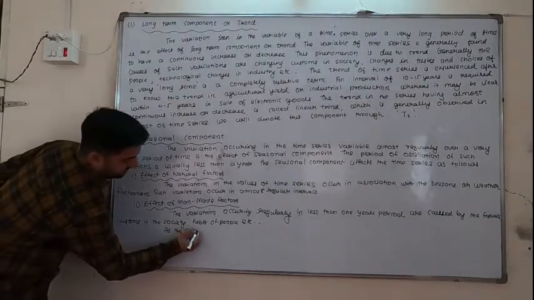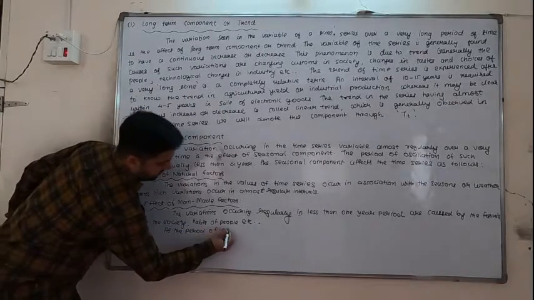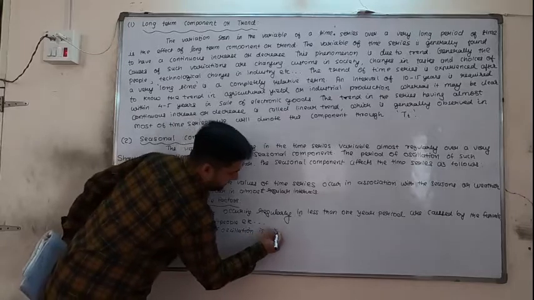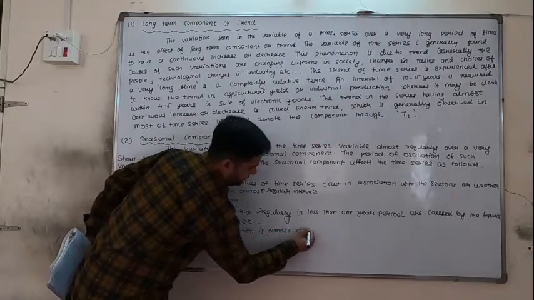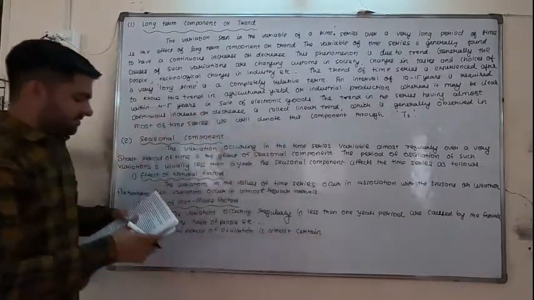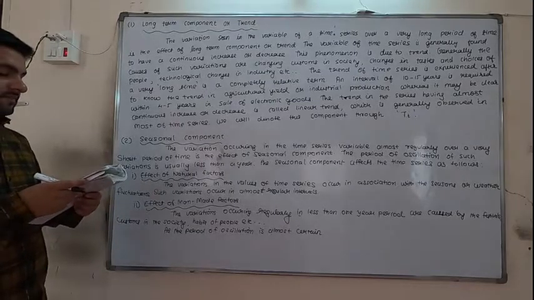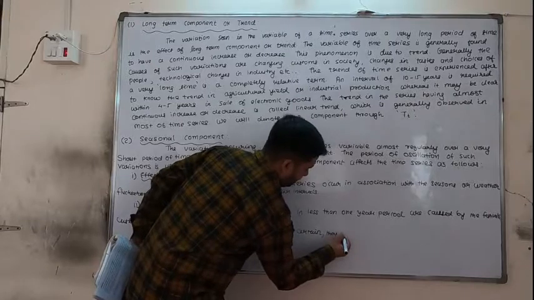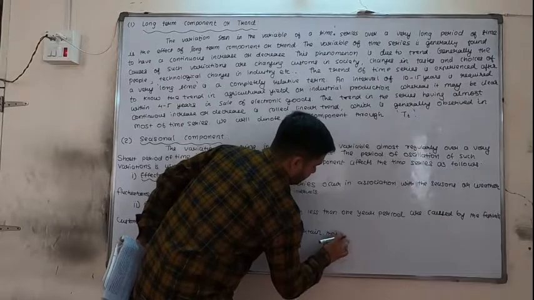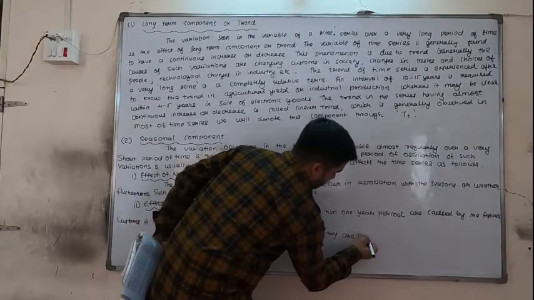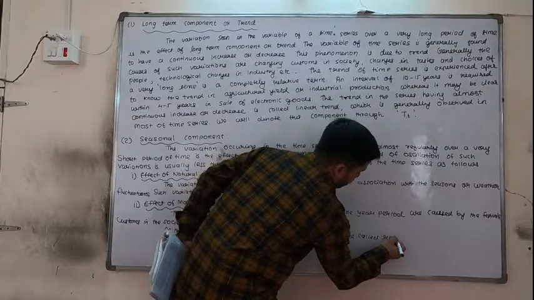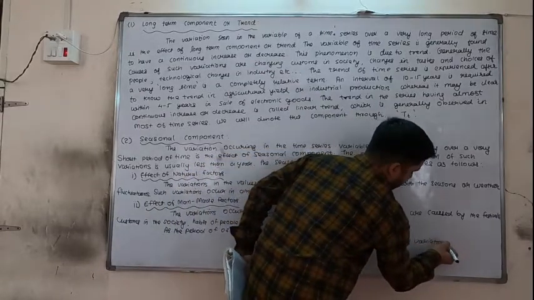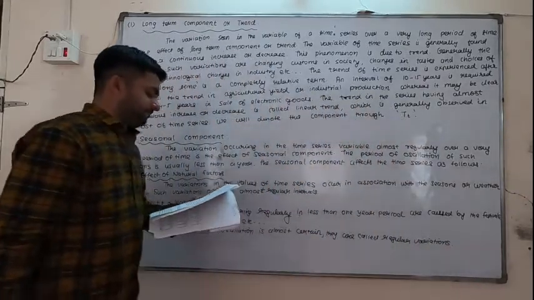As the period of oscillation is almost certain, they are called regular variations.